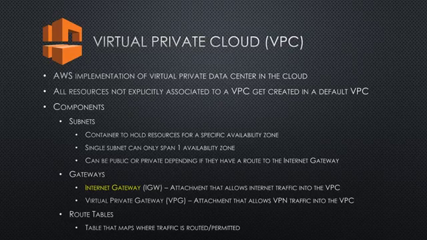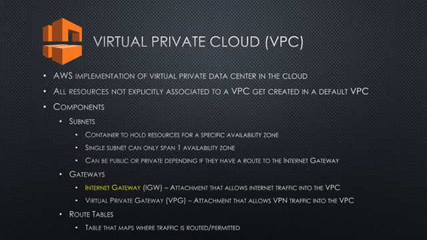These are an attachment that allow VPN traffic into a VPC. Now this is a hardware VPN. You are able to go over the internet and do a software VPN if you so chose. But if you wanted to attach a hardware VPN in which your on-premise environment would have a router or something for that VPN, you need a VPG to connect it to your virtual private cloud.